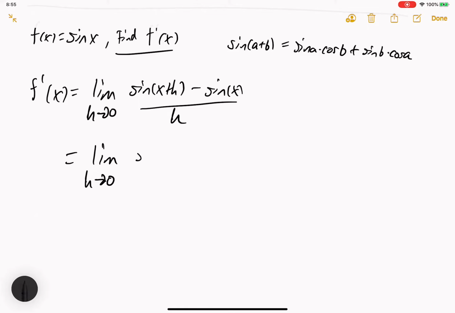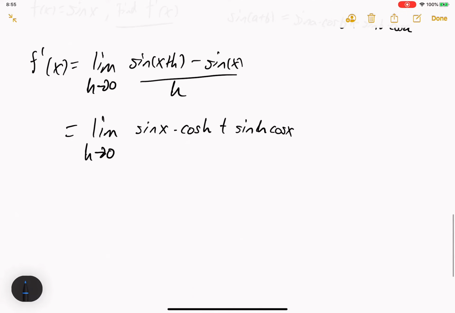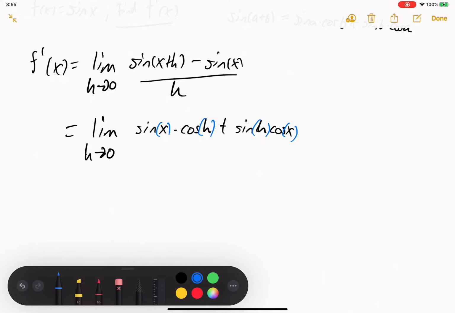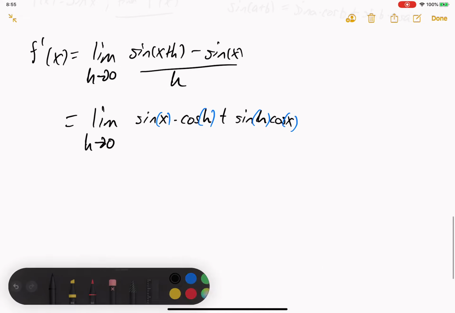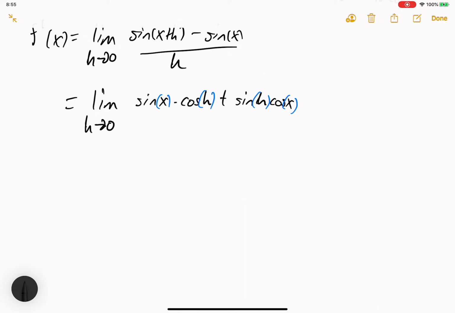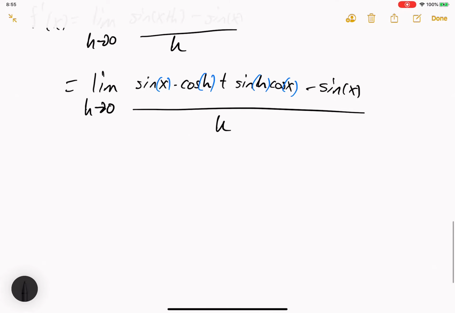What that's going to give us is sine of x times cosine of h plus sine of h cosine of x. And let me use a different color just to indicate that these are in parentheses, that these are the arguments. Sometimes people get confused. Some people accidentally divide by just the function, just sine, which is a math sin, so please don't do it. And then remember at the end we have the minus sine of x, and still all over h.